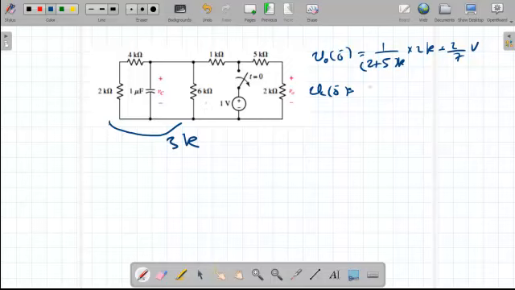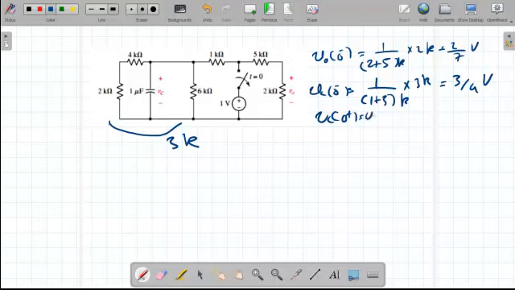So it equals 1 over 1 plus 3k times 3k, so it becomes 3 over 4 volt. Now we know that VC at 0 plus will equal VC at 0 minus, which equals 3 over 4 volt.